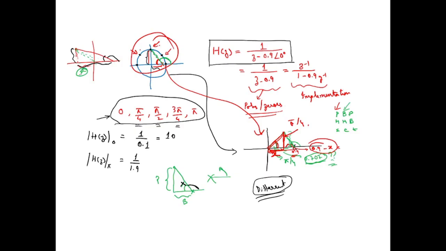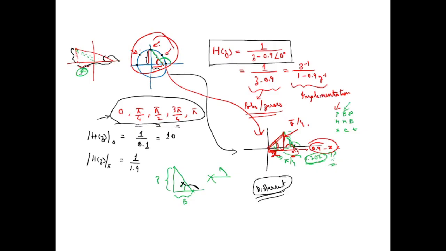So that will be your phases. Phases in degrees are to be added: the addition of phase angles of zeros minus the addition of phase angles of poles. That will give you the phase response.